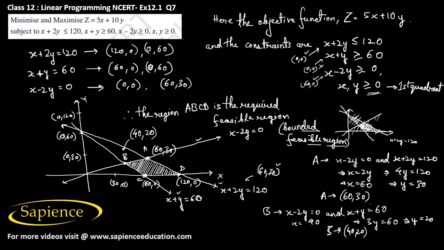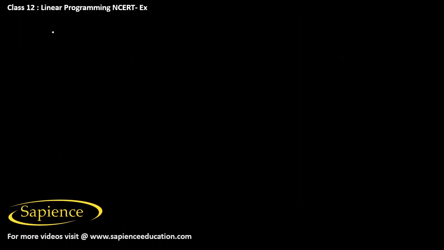So we know that the maximum value and the minimum value of the objective function should occur at the corner points of the feasible region if it is bounded. So therefore, here we need to make one list.